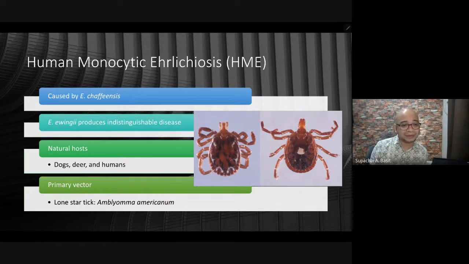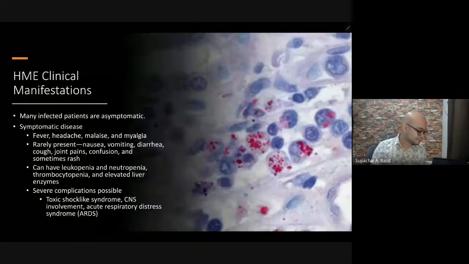The natural hosts are dogs, deer, and humans, and the primary vector is the Lone Star tick, Amblyomma americanum. Lone Star is the symbol of Texas, because Texas is the Lone Star state. If you've been to Texas, you'll see a single star that is part of their state flag. So perhaps the Lone Star tick originated from Texas.